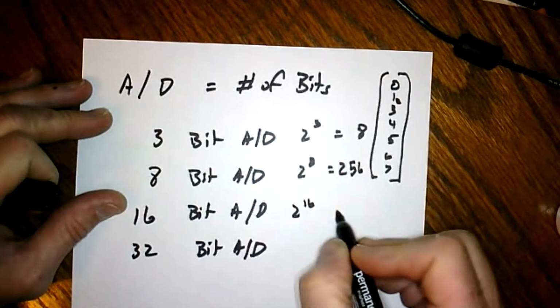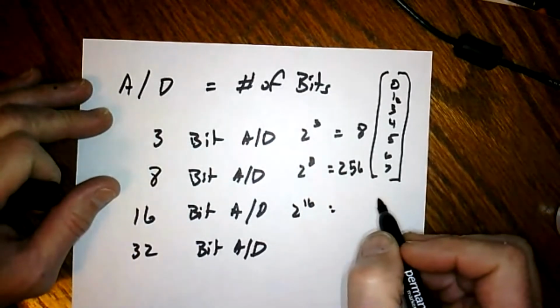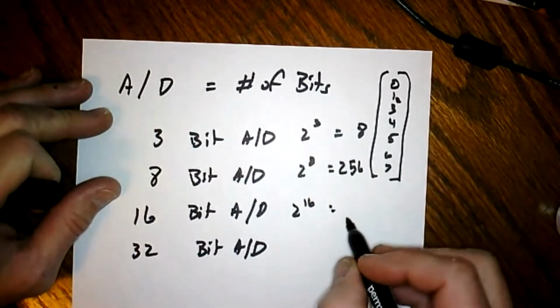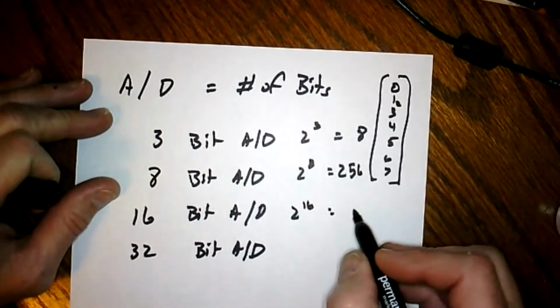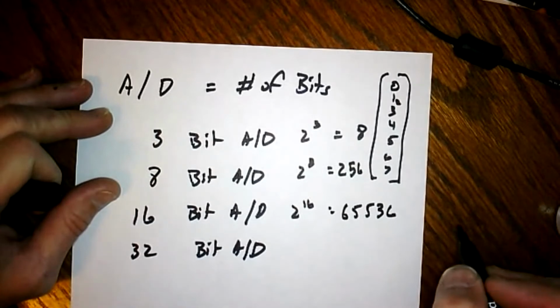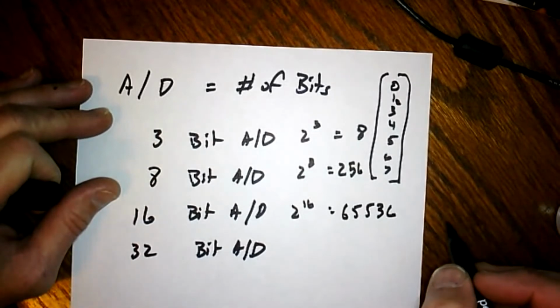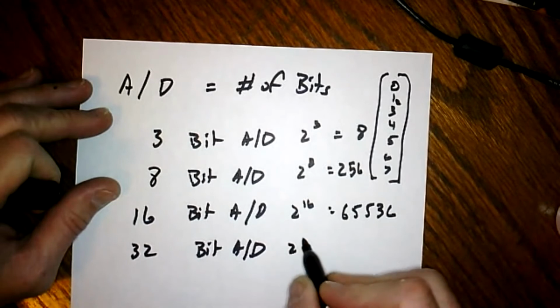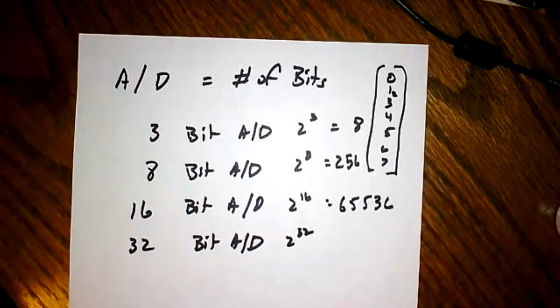2 raised to the 16. Oh, what's 2 raised to 16? 65,536. I had to look at my notes. And 2 raised to the 32. Oh, I'm going to have to go to my calculator here.